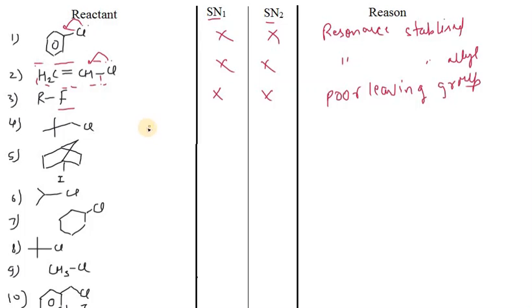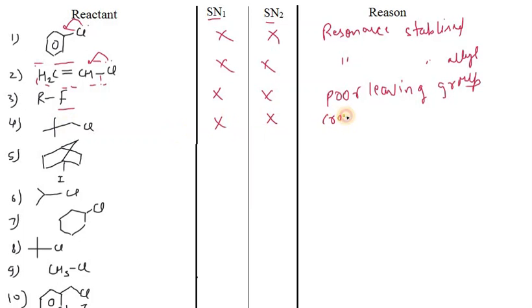Now if we talk about the structure, a tertiary chloride, we know it will not go towards SN1, nor towards SN2. This is a notorious carbocation case, because it could be neither SN1 nor SN2.